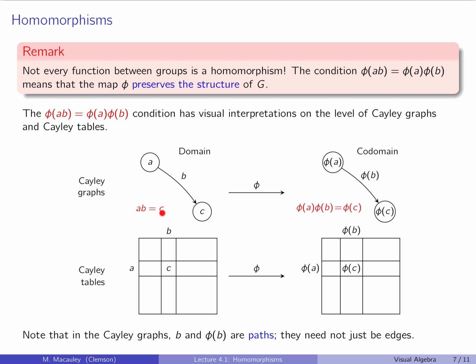And I'm going to let C be the product of A times B. We have to call it something.